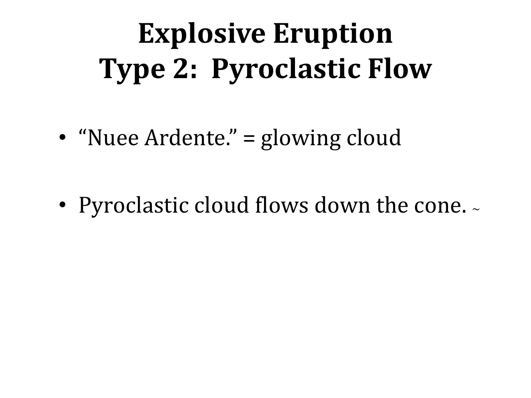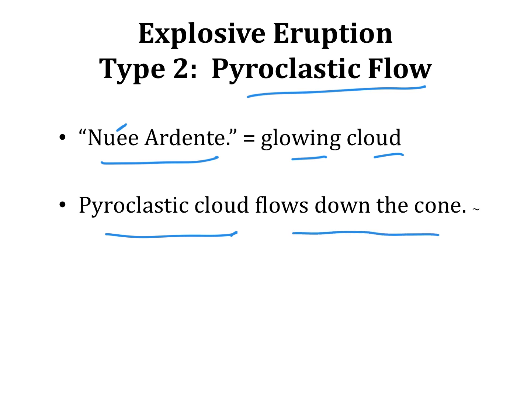So the second type of explosive eruption is called a pyroclastic flow. It was first described by the French, and so it also goes by the term nuée ardente, which means glowing cloud in French. There's actually an accent over this E to be correct about it. This is when the pyroclastic cloud, instead of moving straight up from the vent, actually flows down the cone.